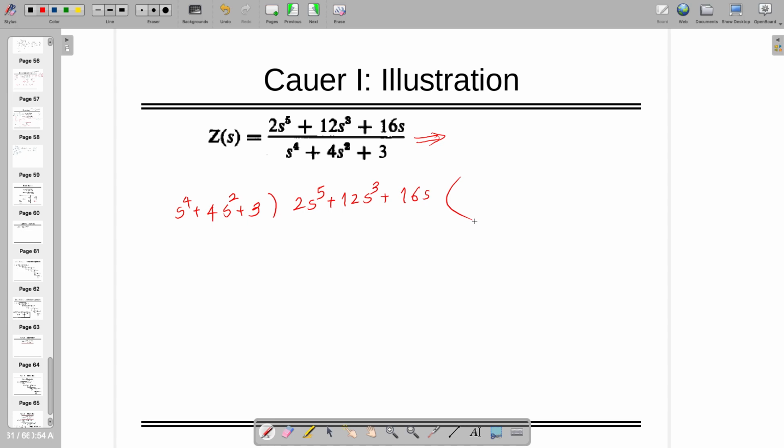So what will be the first entry? Let him try. 12s cube plus 16s.